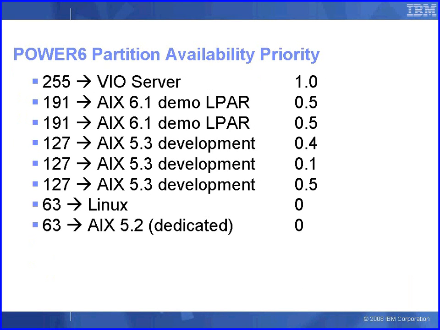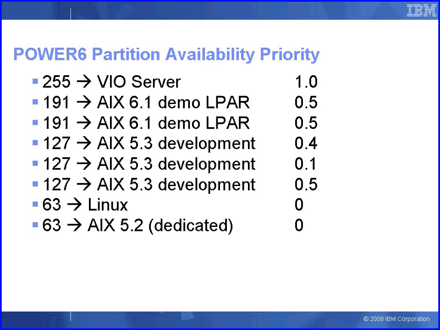So what would happen on my machine that we used there to show how to set the priorities? On the left hand side we have the priorities that we set to my various logical partitions in priority order. And on the right hand side we have how much CPU is allocated to them. Now my machine is a 4 CPU machine, it's a 570. And if a CPU failed, well, just by luck, nothing would happen at all.